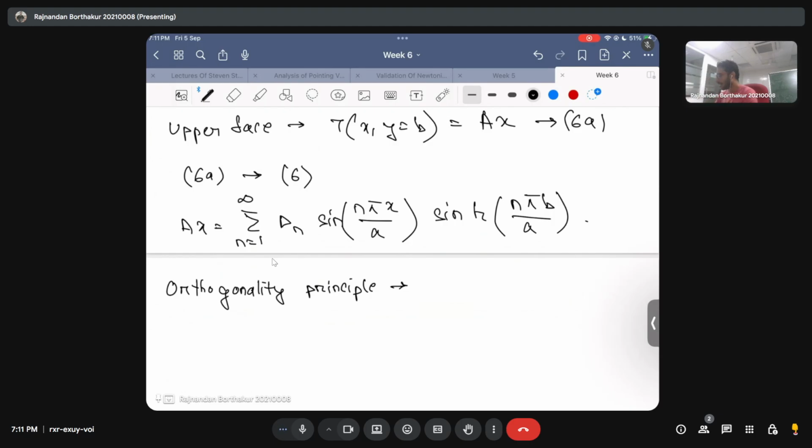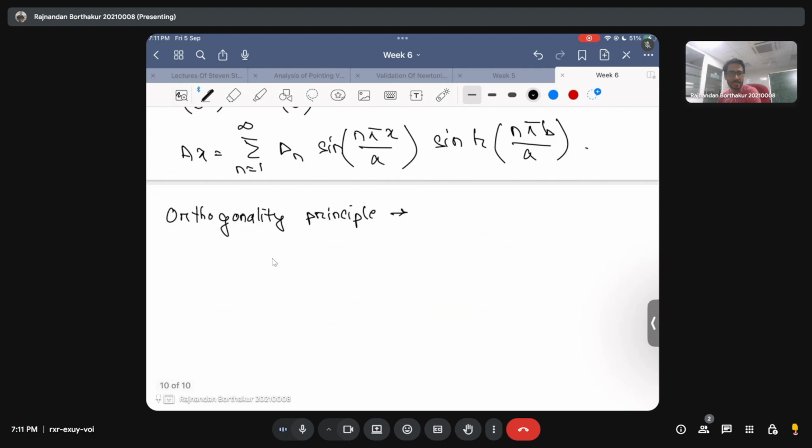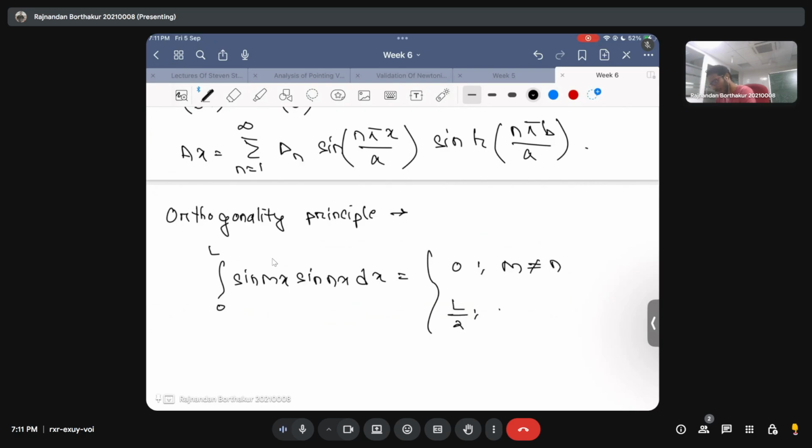The orthogonality principle says that if I have an orthogonal function, let's say the sine function or the cos function, and I integrate it within the period, let's say L is the period, for instance, if I integrate sine mx times sine nx dx within the period L, or an integer multiple of the period L, then this is equal to 0 when m is not equal to n, and this is equal to L by 2 when m is equal to n.